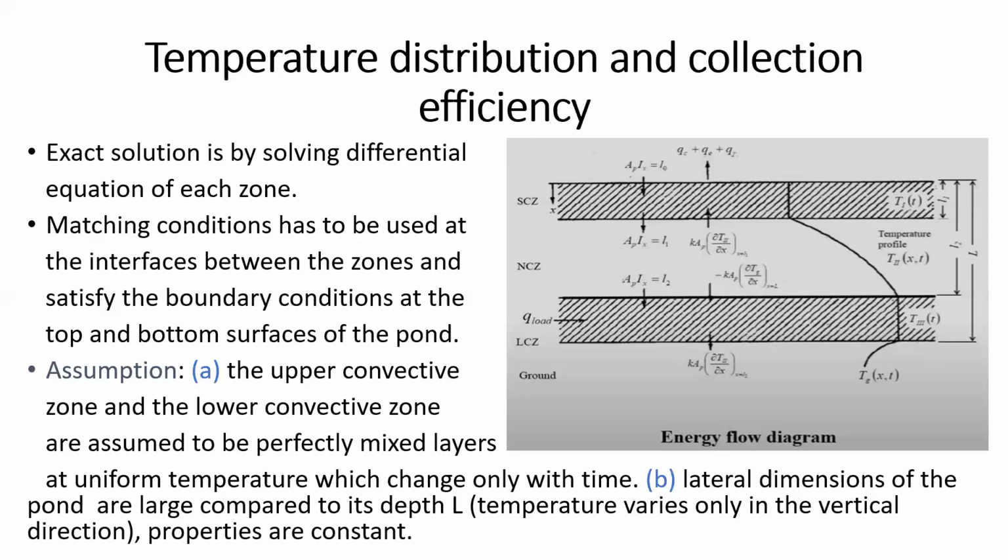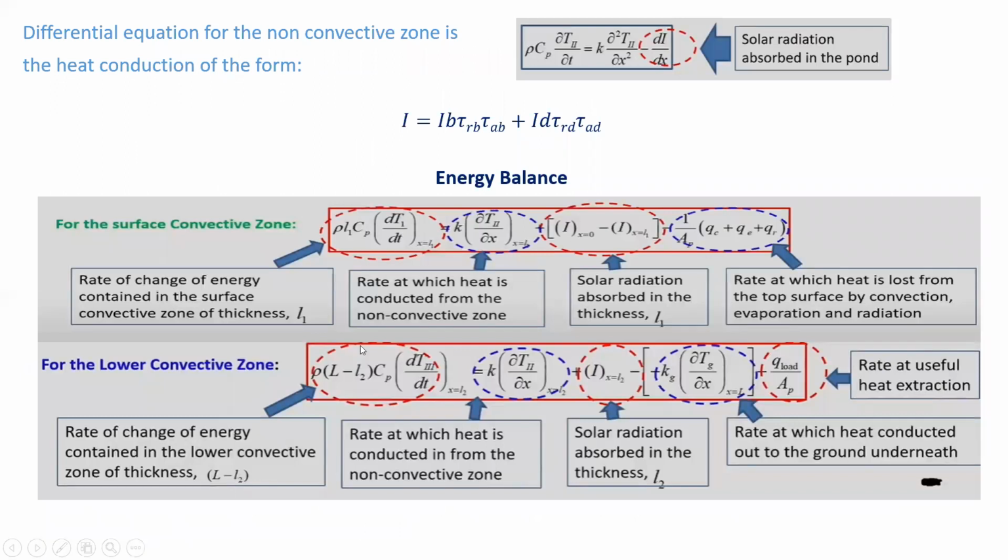Properties are constant. From these assumptions, we solve the differential equation for the non-convective zone in the form of heat conduction. In the non-convective zone, the temperature increases as we go downwards, and the concentration also increases.